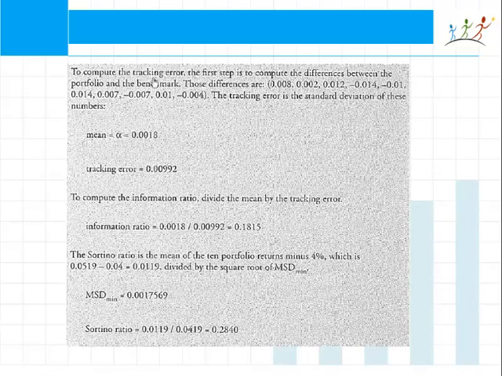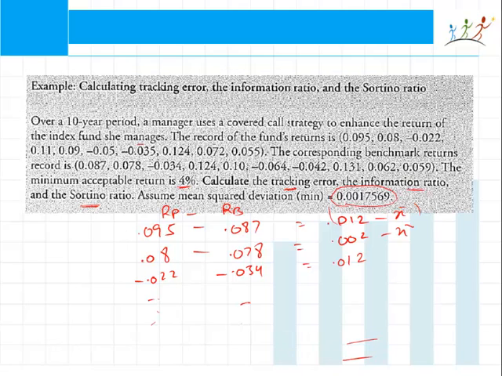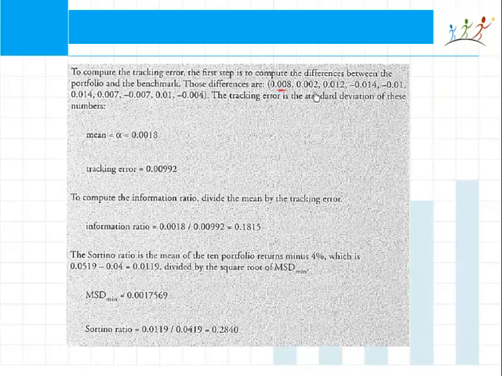To compute the tracking error, the first step is to compute the differences between the portfolio and the benchmark. The differences are 0.008. Please note 0.095 minus 0.087 will be 0.008, not 0.012 as we had depicted. Then 0.002 as we calculated, 0.012, minus 0.014, and so on.